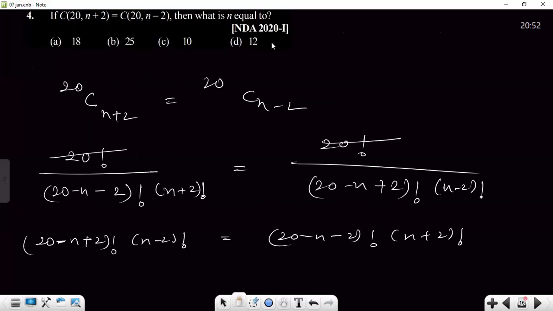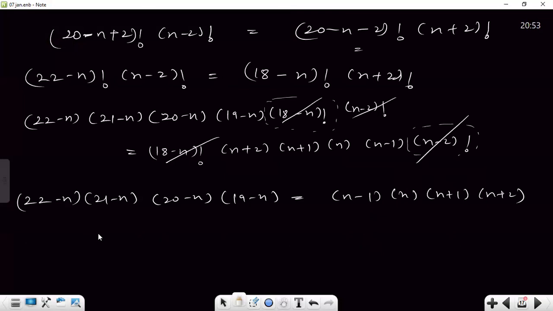Now we have to look for the options. We'll have to hit and try from the options because this time the options are clearly given to us. Looking at the terms here, that particular number should be somewhere around 10.